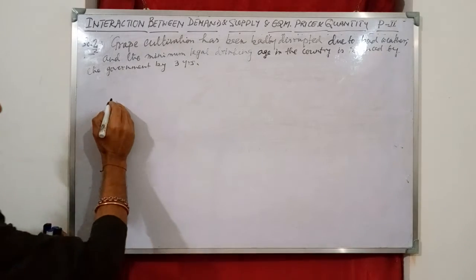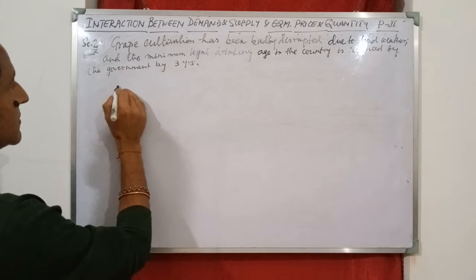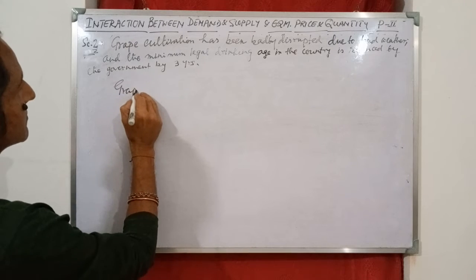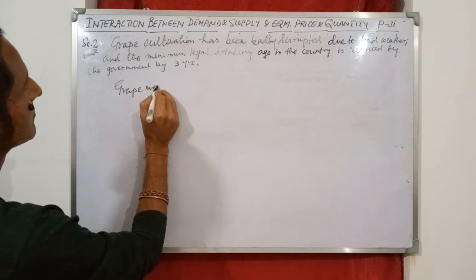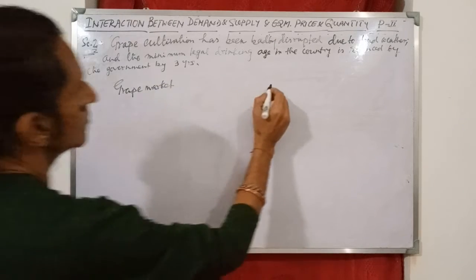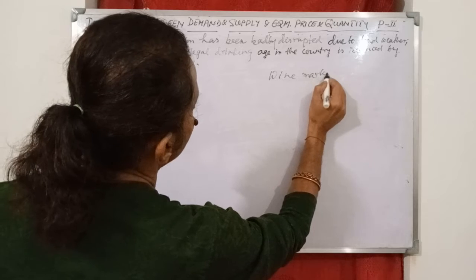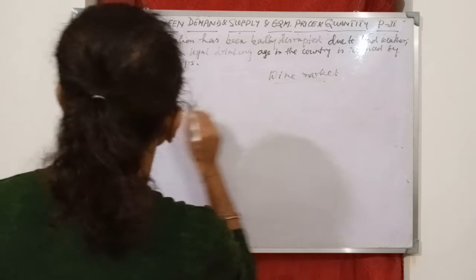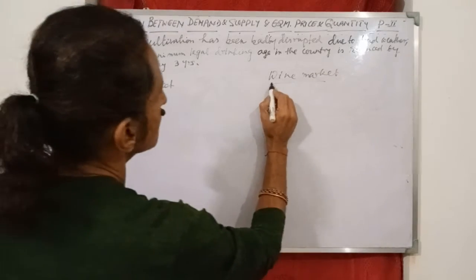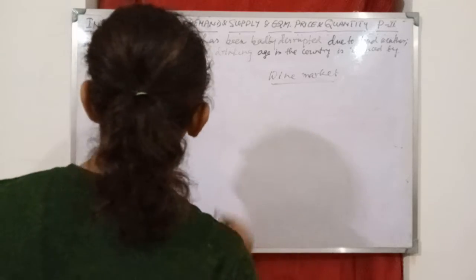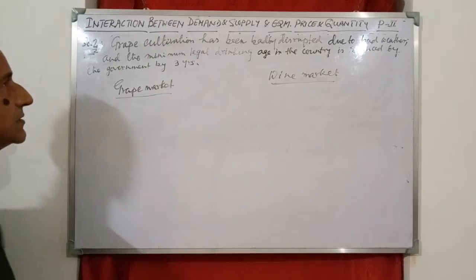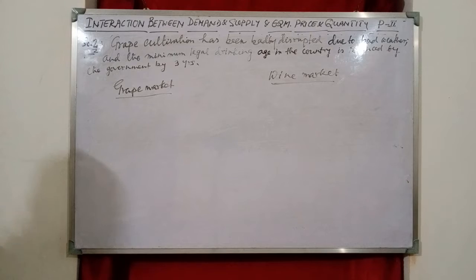We are explaining diagrammatically one by one. It is first grape market, then wine market. Again, as I have said, the first thing that should cross your mind is which side of the market is being impacted.